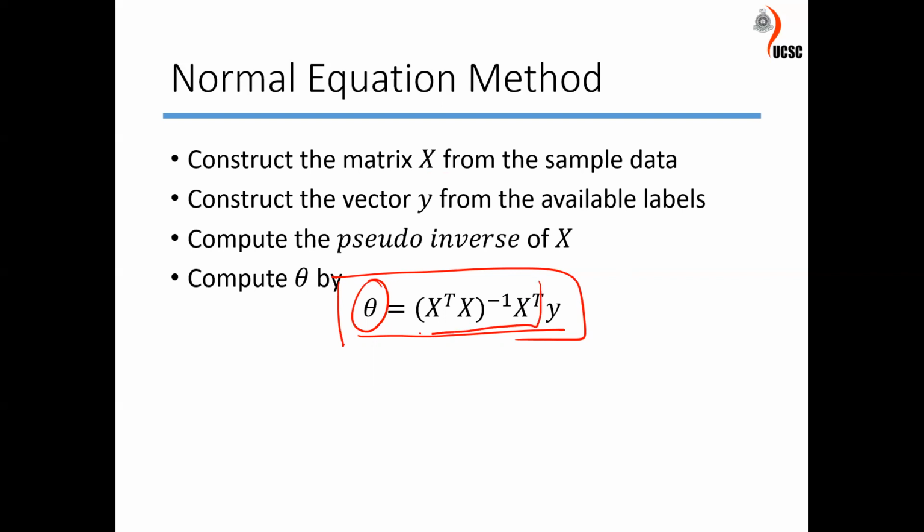So this is the pseudo inverse. First you compute the matrix X, then you transpose X, then multiply with X again, then take the inverse. That value you multiply again with X transpose. That's what we call the pseudo inverse.